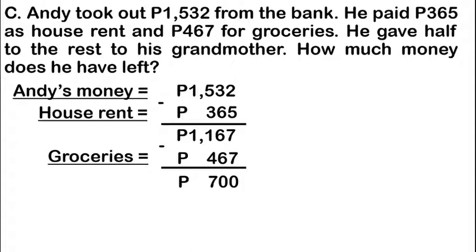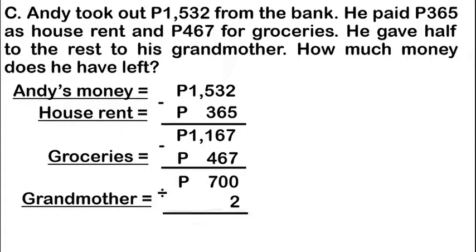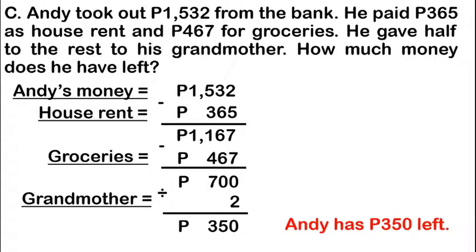So he is so kind. He gave half of 700 to his grandmother, so we need to divide it. So the remaining would be 350 pesos. Therefore, Andy has 350 pesos left.